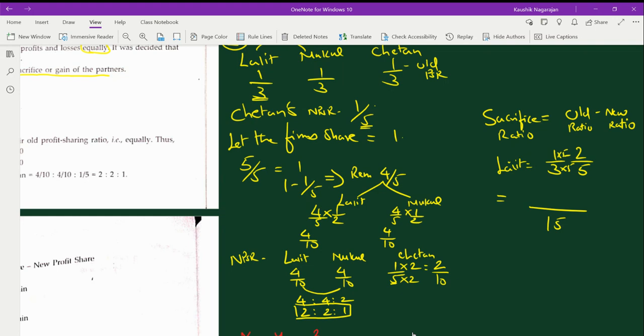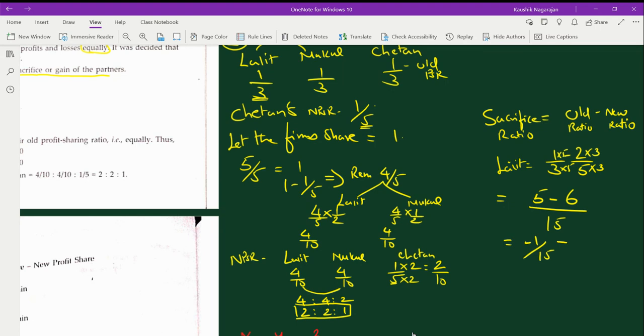Similarly, the numerator 1 should be multiplied with 5, so 1 into 5 will be 5, minus. When I multiply 3 with 5, I'll get 15. The same 3 should be multiplied in the numerator. That means I'll get 6. So here I'm getting 5 minus 6 divided by 15. That means minus 1 by 15.